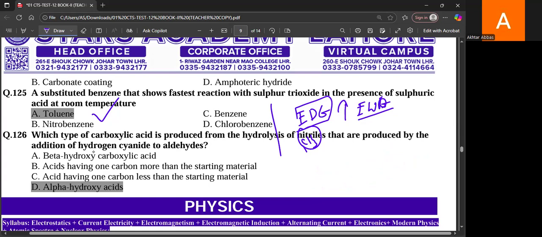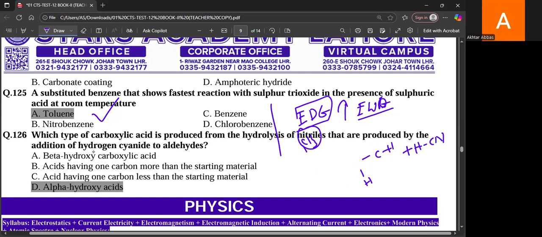For example, we have the aldehyde CH3CHO, C double bond O and H. It is an aldehyde, so we can react it with hydrogen cyanide, HCN. You know that a nucleophilic addition reaction will take place.